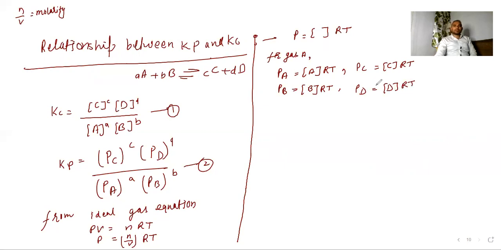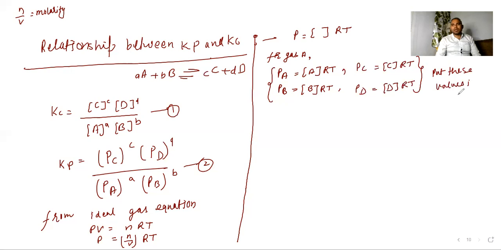So A, B, C, D are there. Can we put these values in equation 2?